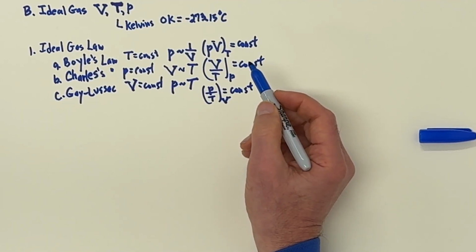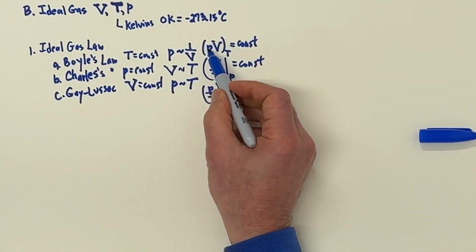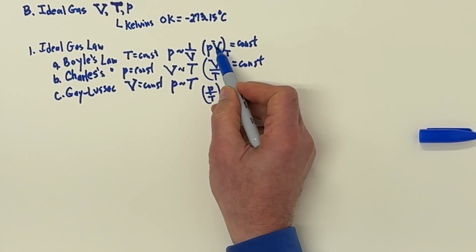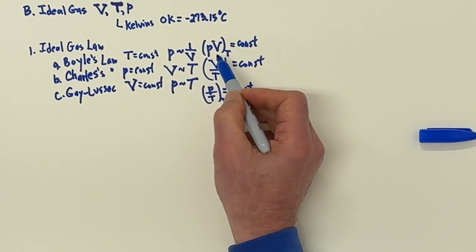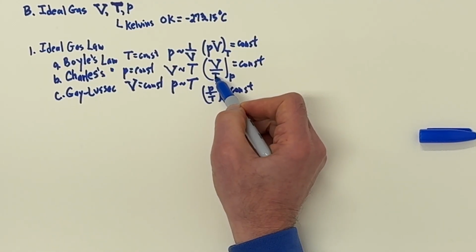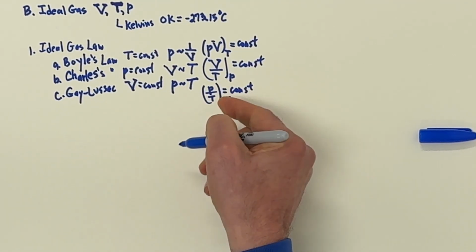Now we can combine all these into one equation. Look at the pressures in the numerator, the volumes in the numerator, looking at all the cases. And the temperature appears in the denominator in both cases that it appears.